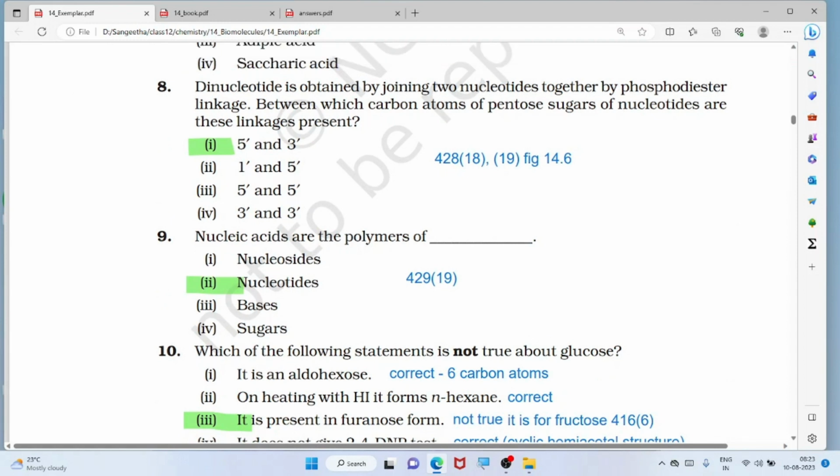A dinucleotide is obtained by joining two nucleotides together by the phosphoric ester linkage. Between which carbon atoms of the pentose sugars of the nucleosides are these linkages present? Between the fifth and third carbon atoms.